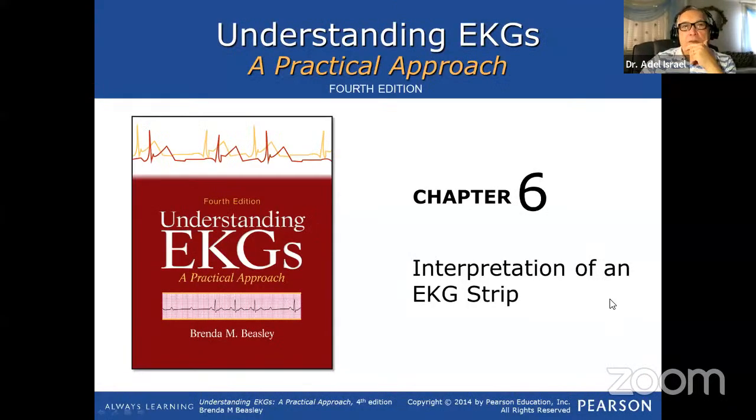As you know, today our chapter is going to talk about interpretation of the EKG strip. First, we need to know that the pacemaker, like we had yesterday, is either primary pacemaker or secondary pacemaker or Purkinje fiber.